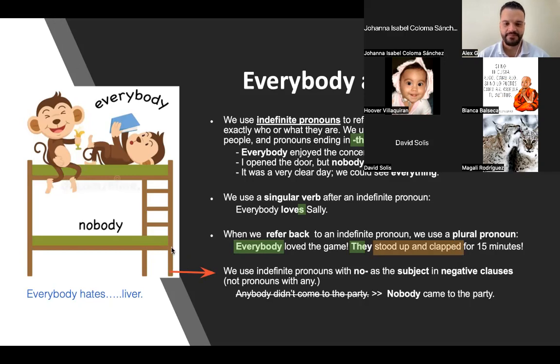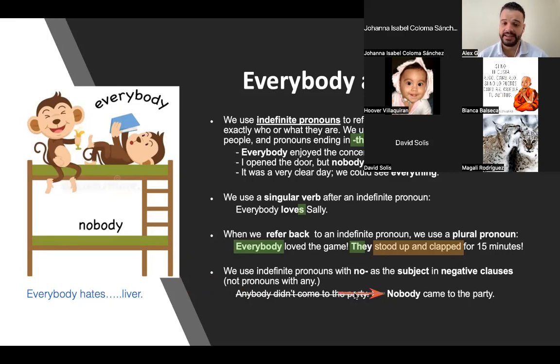We use indefinite pronouns with no as the subject in negative clauses. No pronouns with any. Excellent. So here you can see this is incorrect. What we want to say is, Hoover, nobody came to the party. Excellent.